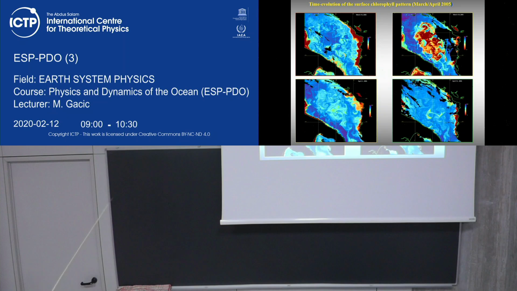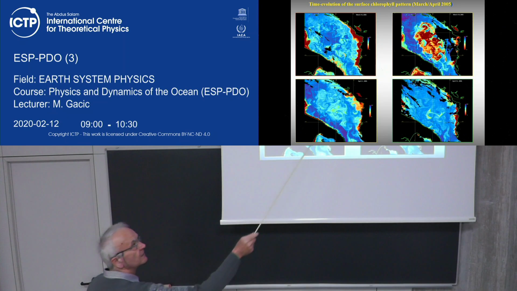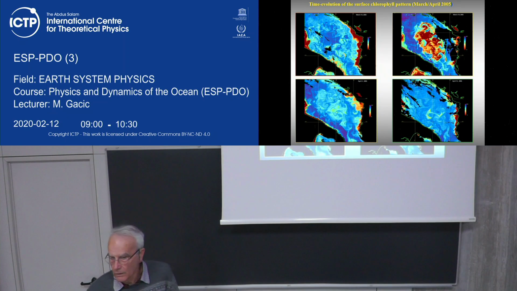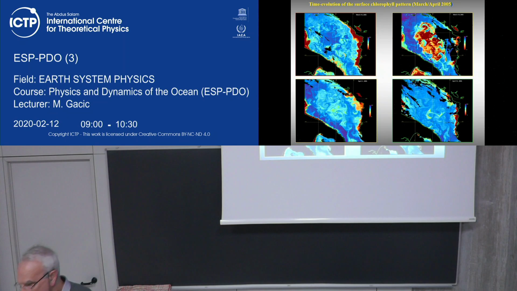We have done this calculation: how much of this water which is formed there flows into the adjacent sea, into the Ionian Sea. And we found out that the volume of this water which is formed is about 300,000 cubic meters per second. So 300,000 cubic meters per second.